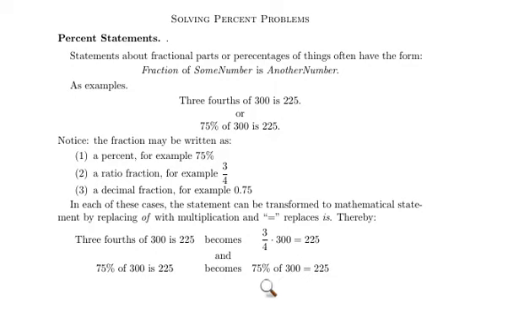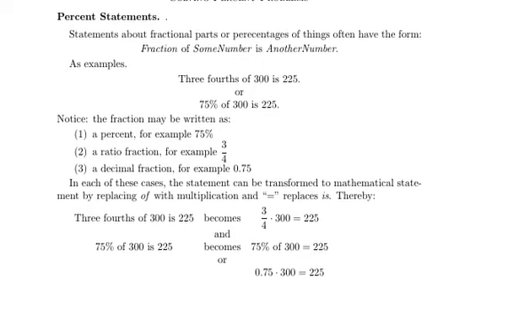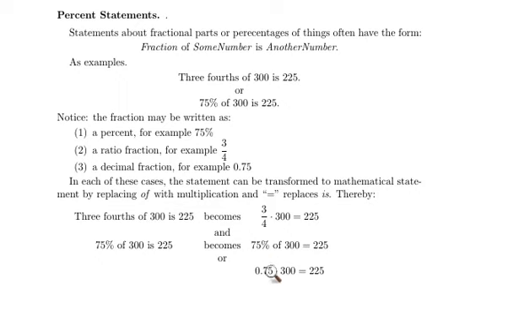Usually when we've got something stated with percents, they almost always leave the "of" in. And usually we'll convert the percent to a decimal when we're translating it to mathematics. So there we are looking at that same statement with the percent translated to a decimal: 0.75 times 300 is equal to 225.